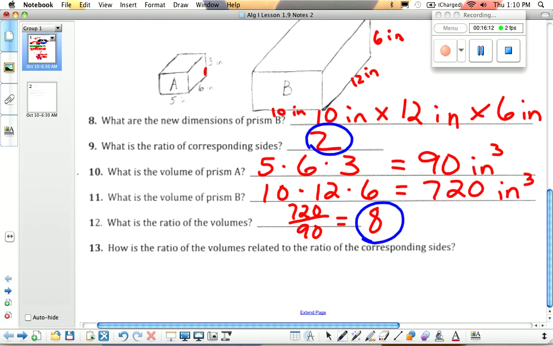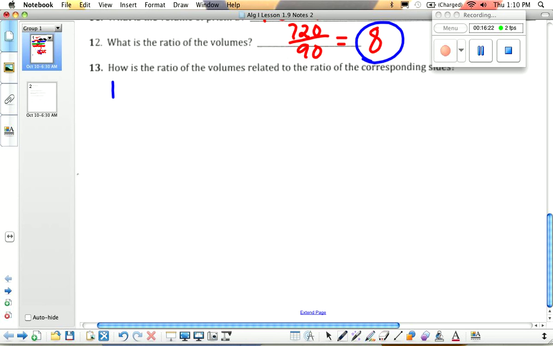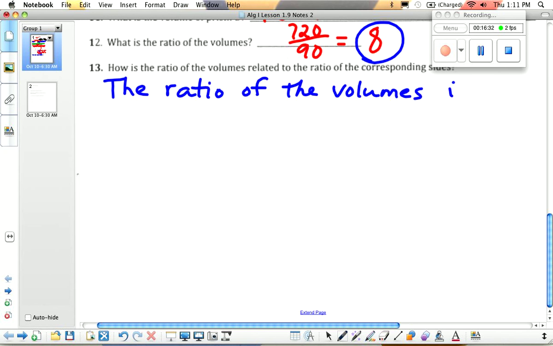Yeah, 2 cubed. 2 times 2 is 4. 4 times 2 again is 8. So we would say the ratio of the volumes is the cube of the scale factor.